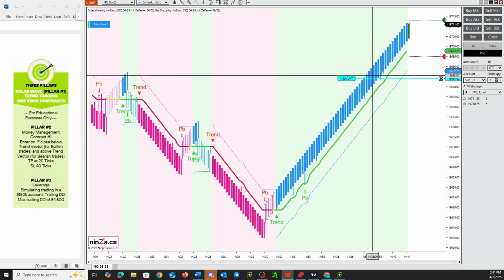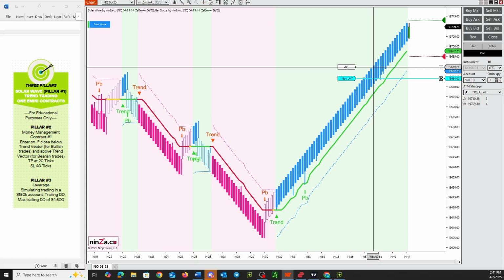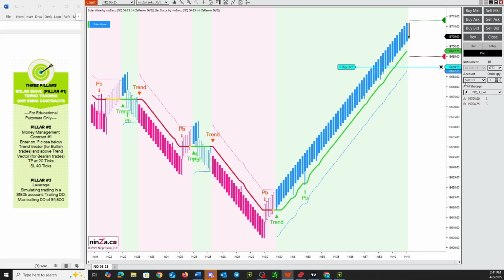Gosh, this thing is just bizarre today. Oh my gosh. I mean, how many 100-handle moves has this thing had in one 15-minute bar? 1, 2, 3, maybe 4.